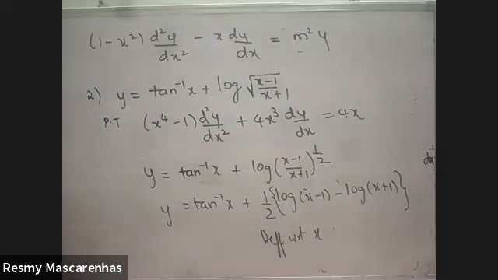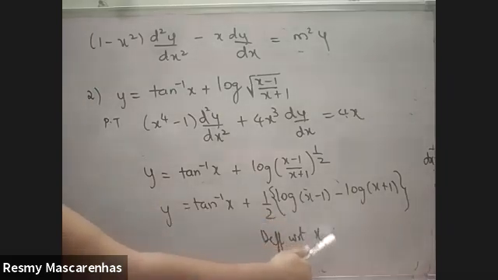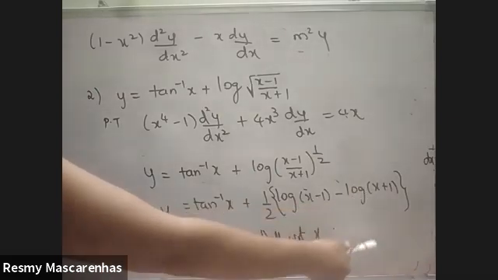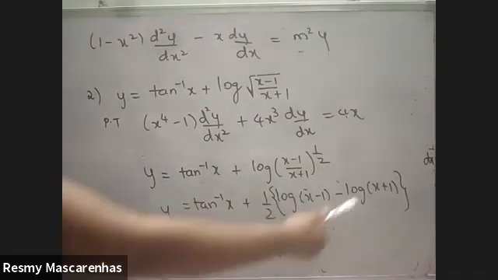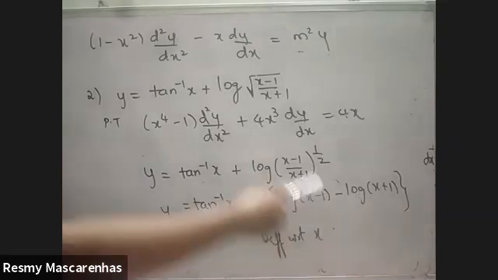Okay, after differentiating, this will be 1 upon 1 plus x square, this will be 1 upon x minus 1, this will be 1 upon x plus 1. And then cross multiply among itself. This answer and this answer, you cross multiply.